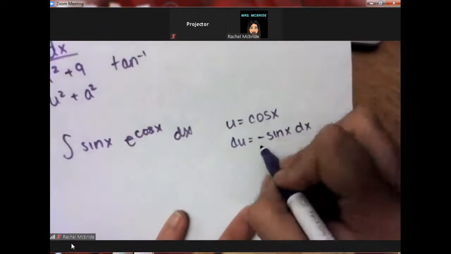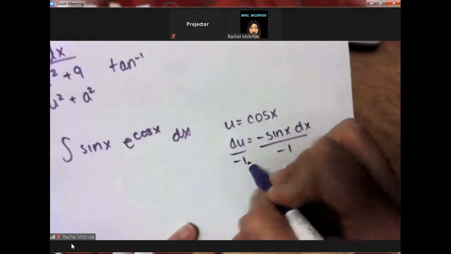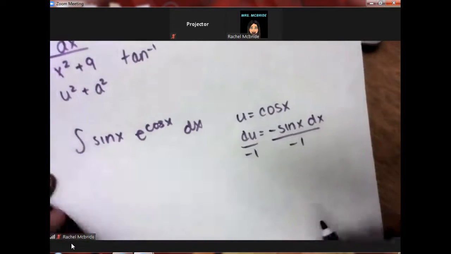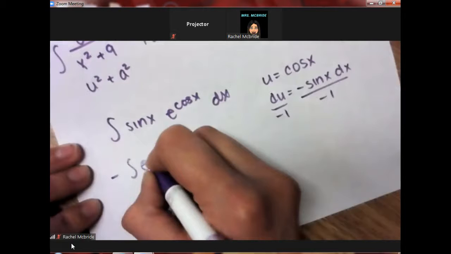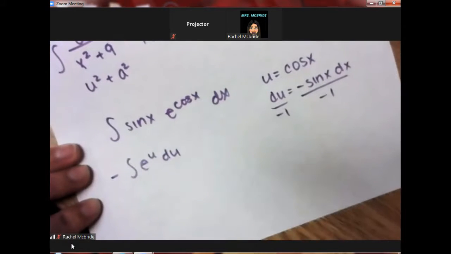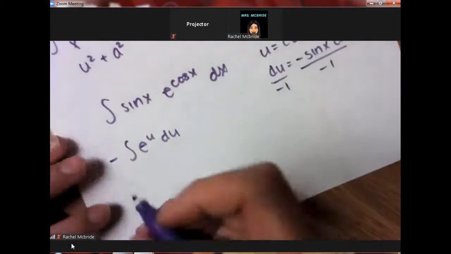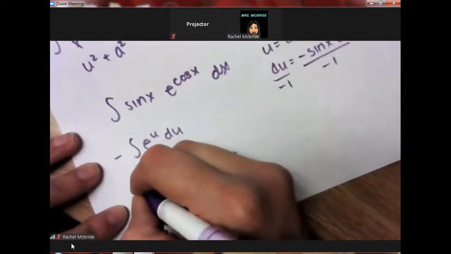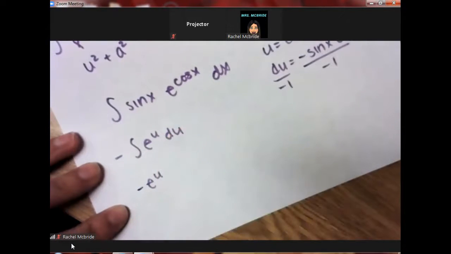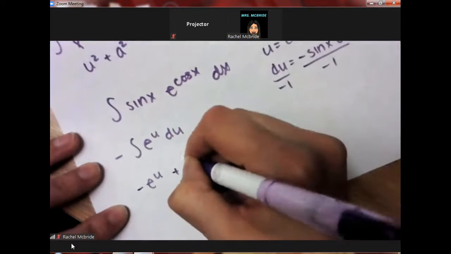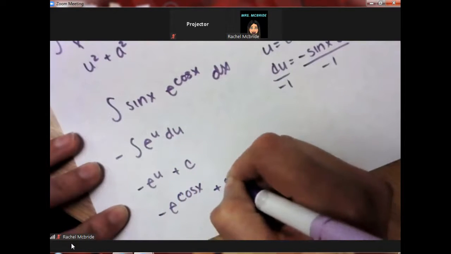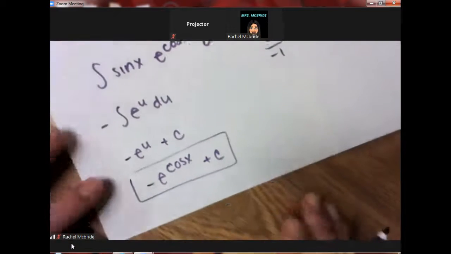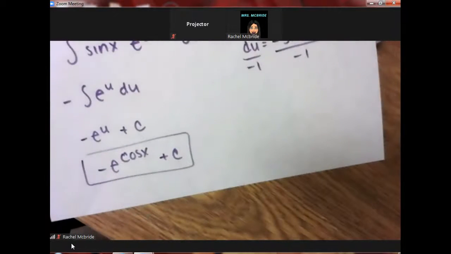The negative doesn't fit, so I divide both sides by negative 1, so the negative comes out in front. We get e to the u du. And the antiderivative of e to the u is e to the u plus c. So you get negative e to the cosine x plus c, which is actually the answer to the other question you asked me about.